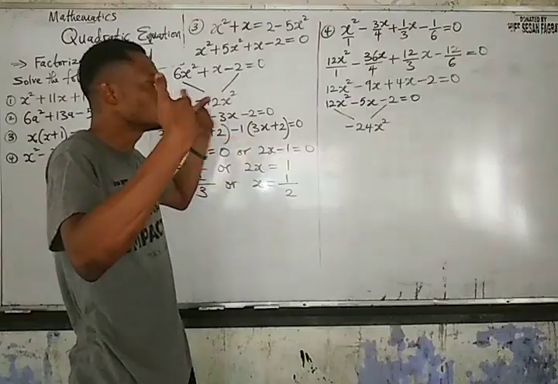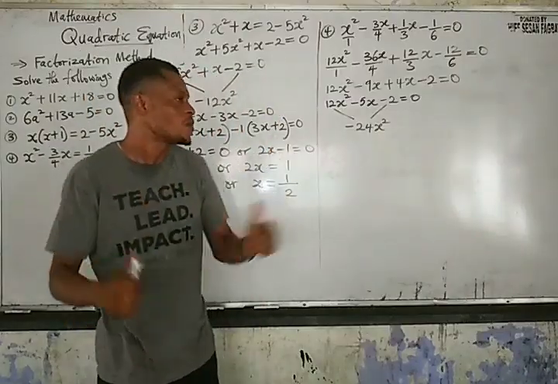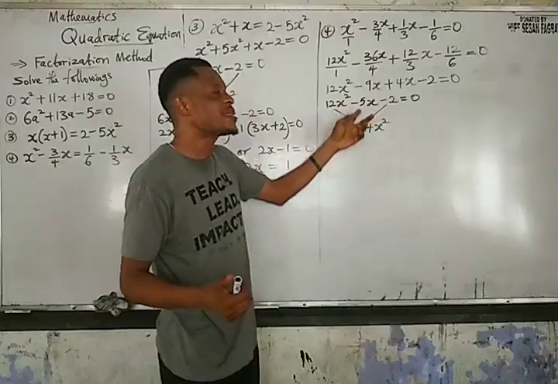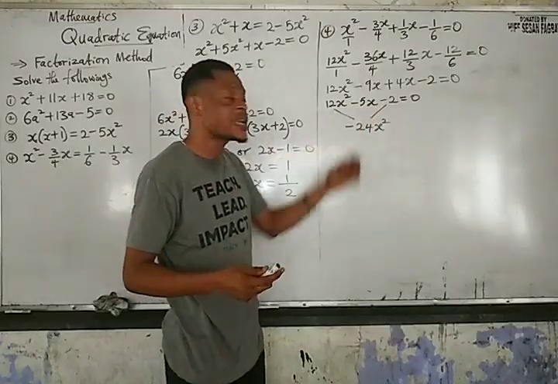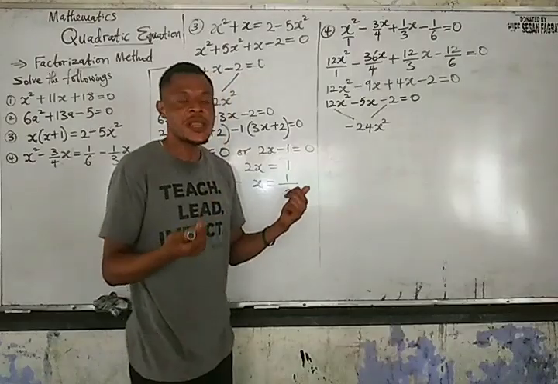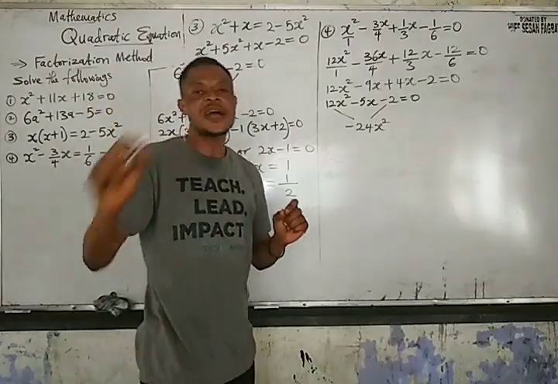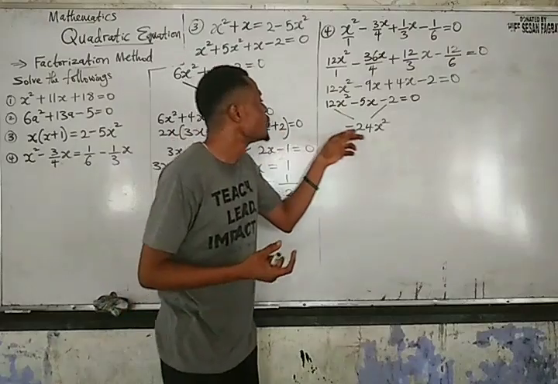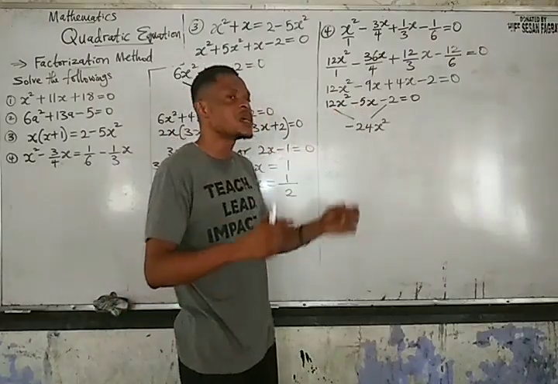So we can start to think like, okay, 6 and 4 will give us 24. But by the time you sum 6 and 4 together, it will never give us minus 5. Then what else can we think of? 12 and 2 will give us 24. But there is no way that we manipulate 12 and 2 to give us 5.